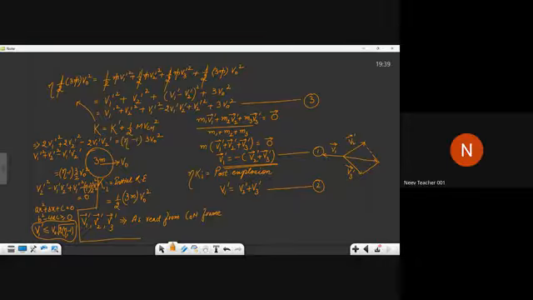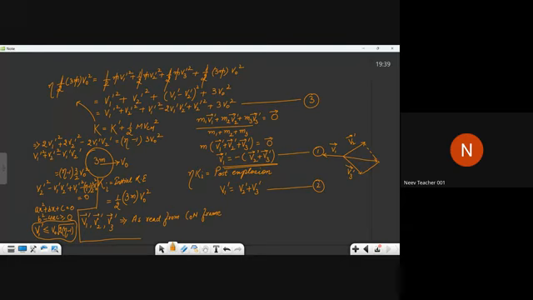Why? Because this is as seen from the center of mass frame, correct? And if you want it to be maximum, then the center of mass should be moving in the same direction as that of this, correct? Yes or no? If you want it to be maximum from Earth, then the center of mass should be moving in the same direction, and the center of mass is moving with V naught.